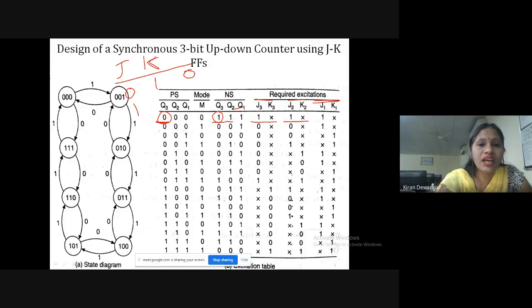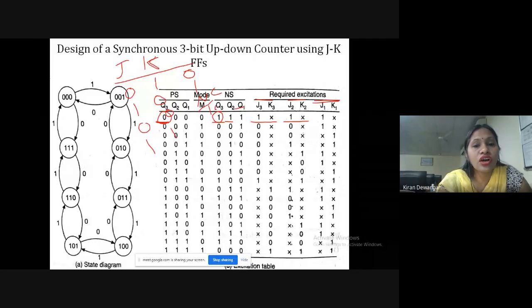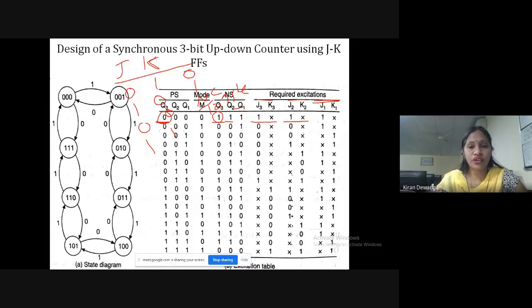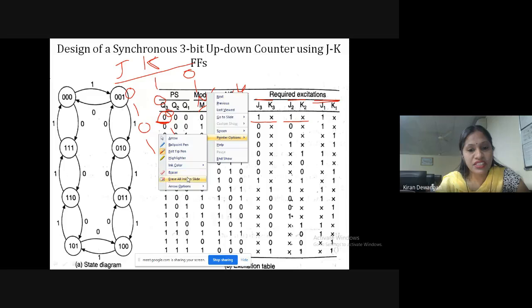When this is 1, this is 0, it is 1. It's a set state. Now when this is 0 and this is also 0, it will be a no change state. And when these two are 1 and 1, it will toggle. This was just the revision of the JK flip-flop that we have studied in the previous classes.